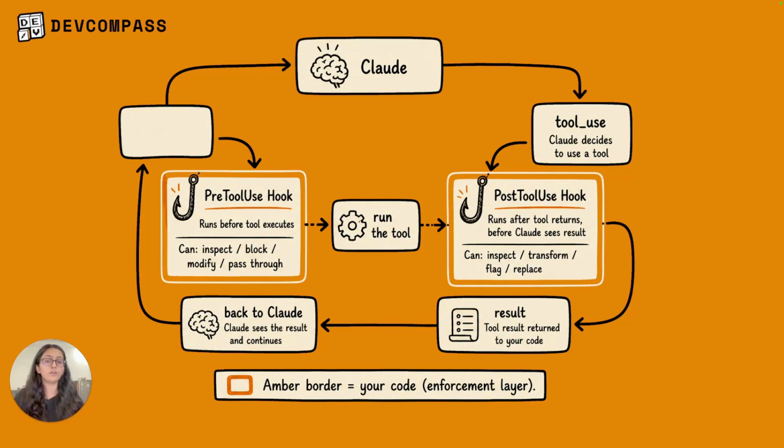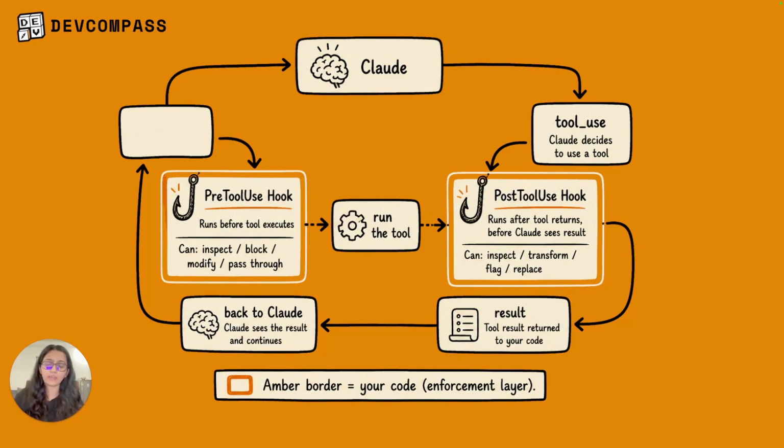The moment Claude outputs a tool use call and your loop receives it, before you actually execute the tool, the PreToolUse hook fires. It can inspect the tool name and the arguments that Claude has passed. Based on what it finds, it can block the call entirely, modify the arguments before they reach the tool, or pass the call through unchanged.